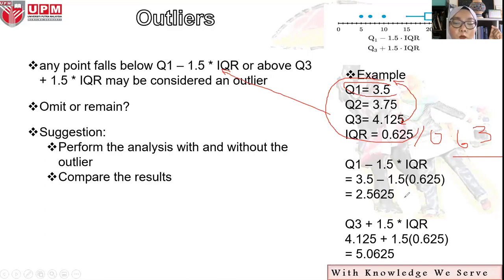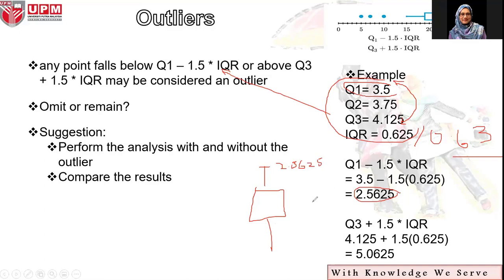The answer is 2.5625. This is for the first quartile.